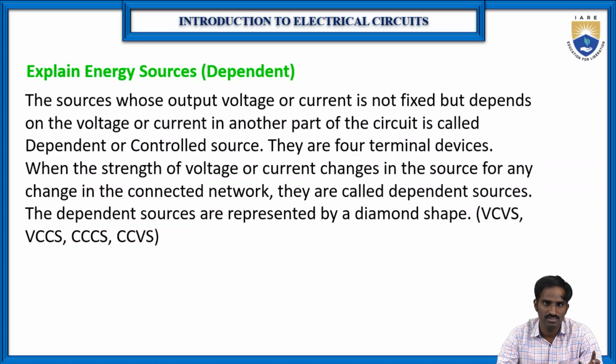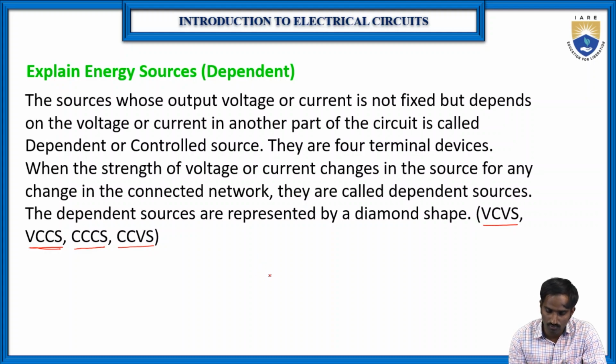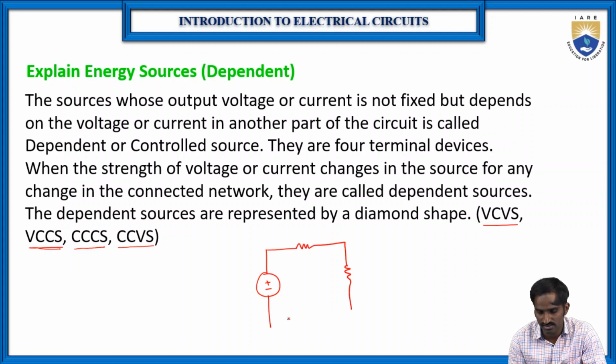Dependent sources can be classified into four types: voltage controlled voltage source, voltage controlled current source, current controlled current source, and current controlled voltage source. First, let me draw the voltage controlled voltage source. It is a voltage source that is controlled by the voltage across another resistor.